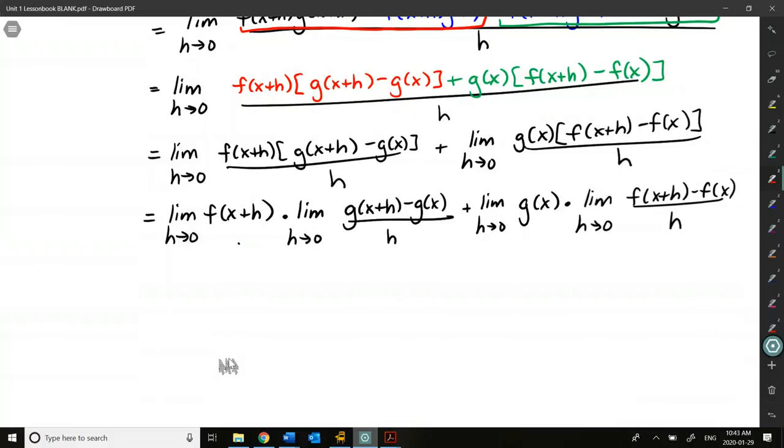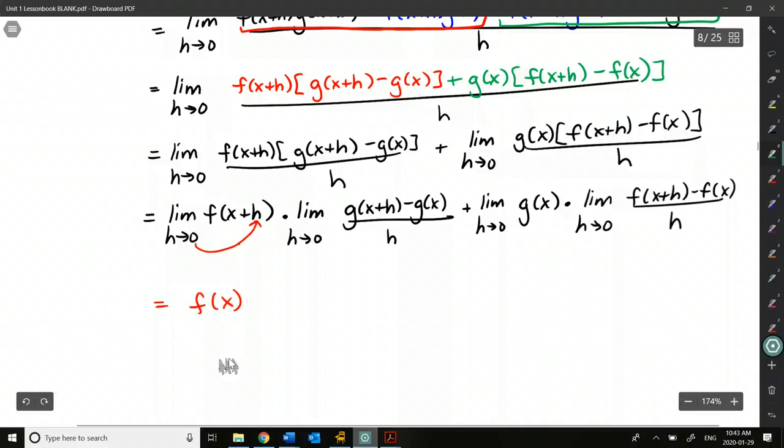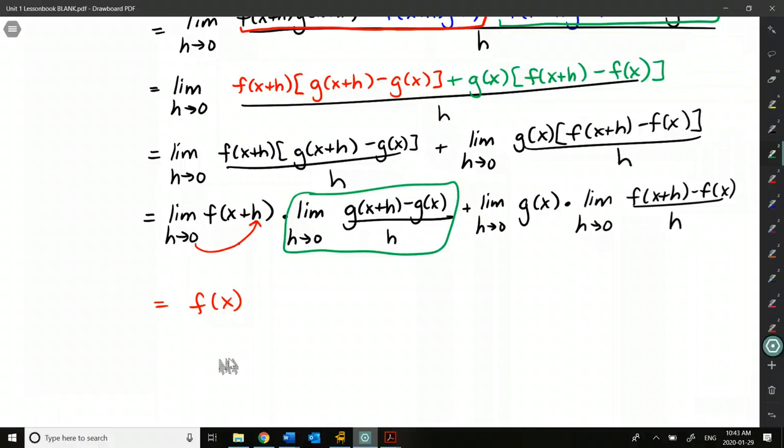Okay, so when we go to evaluate limits, we usually plug in h equals 0. So when I sub in h equals 0 into this, I'm left with just f at x. This whole thing, I'm not going to plug in h equals 0, but this whole thing, do you guys recognize this? That's the original Newton quotient, right?